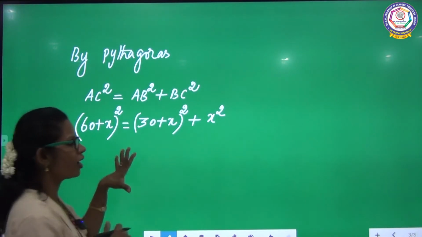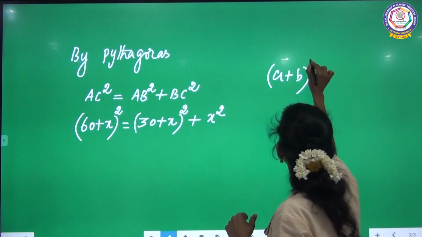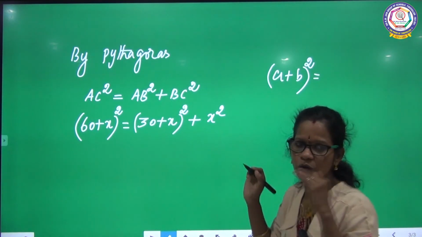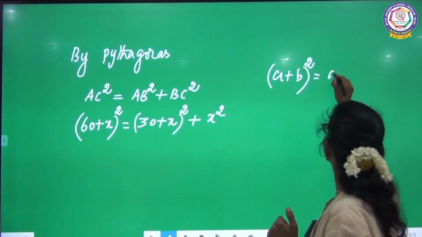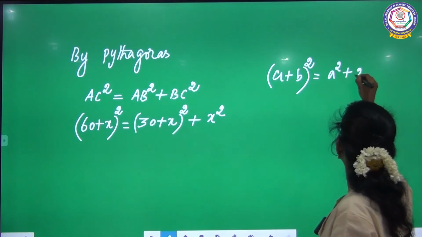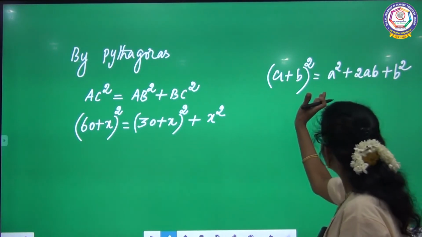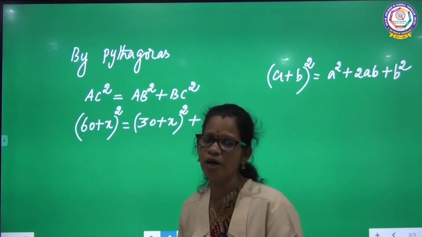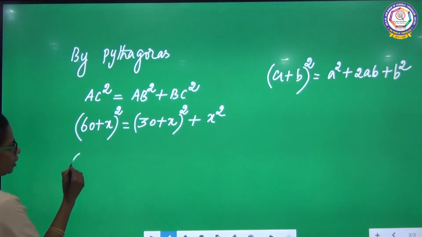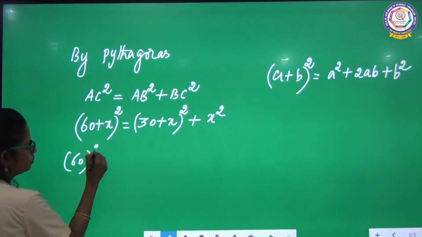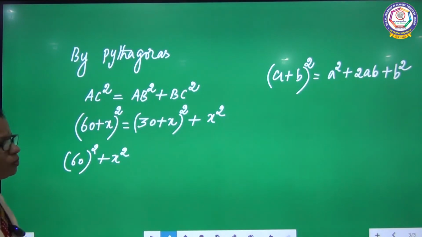Now we are going to apply the identity. A plus B the whole square: whatever identity you use in the sum, you have to write it on the right side. That habit you should develop. A square plus 2AB plus B square. Then use the identity and replace your A and B. 60 plus x the whole square is 60 square plus x square, that is A square plus B square.